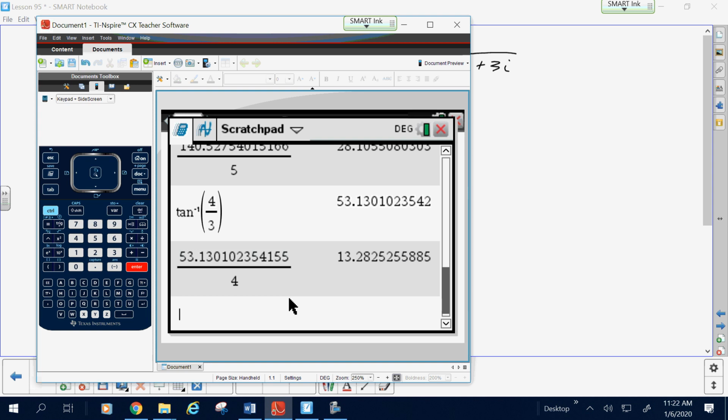So you should have had other angles of maybe 103-ish, 193-ish, and 283-ish. So you should have 4 answers circled because it's a 4th root.